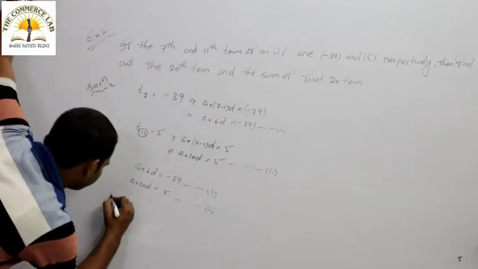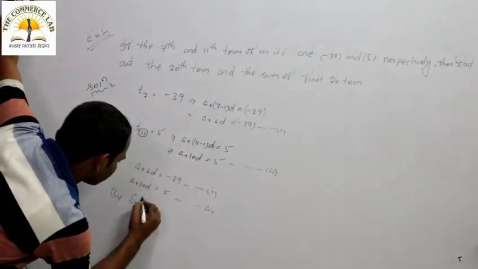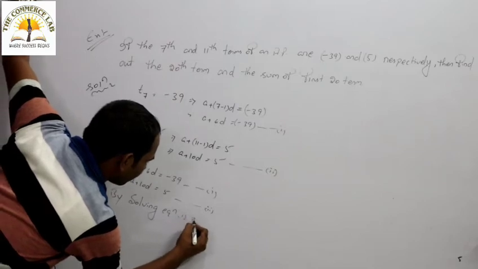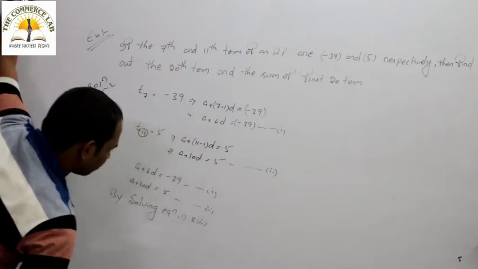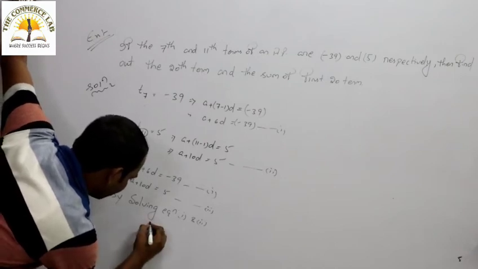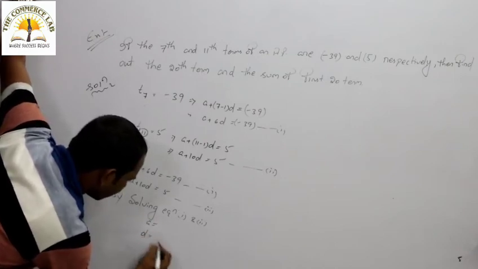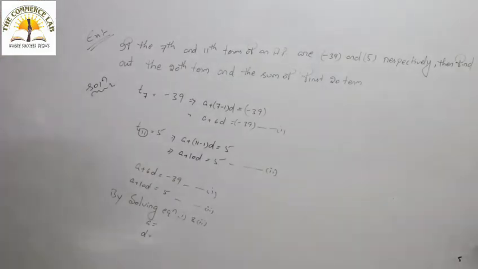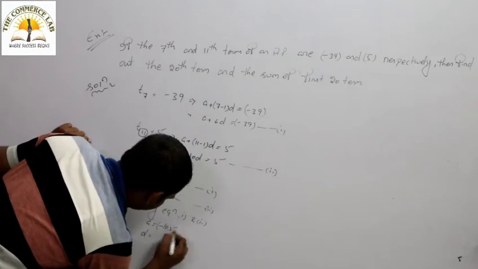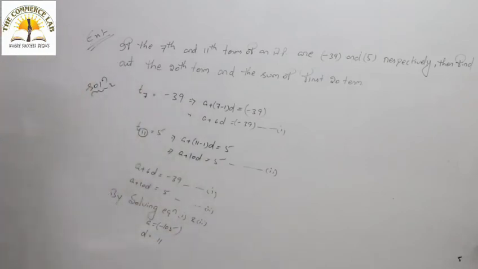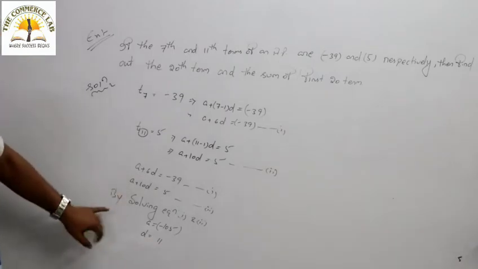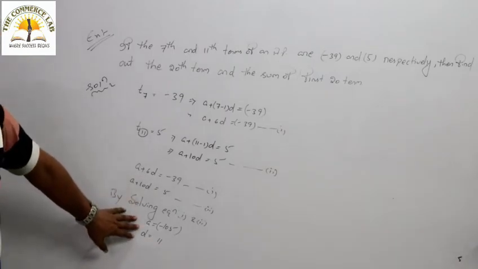By solving equations 1 and 2, we have to find out the value of A and the value of D. A plus 6D is equal to minus 39, A plus 10D is equal to 5.